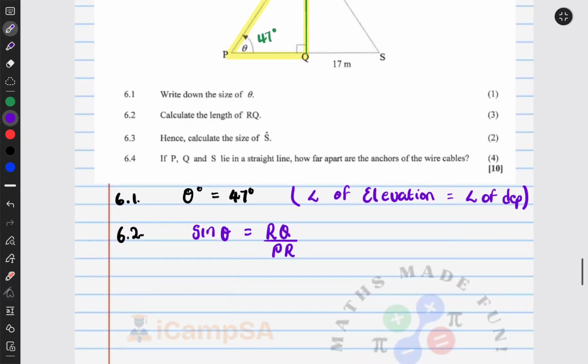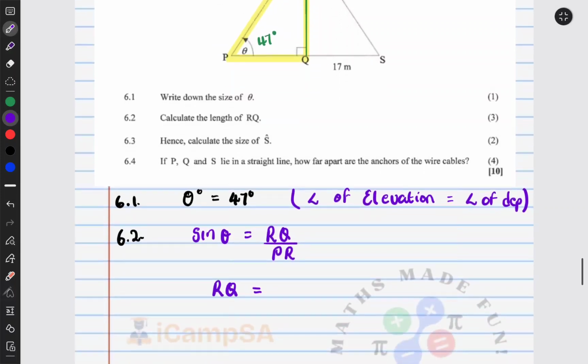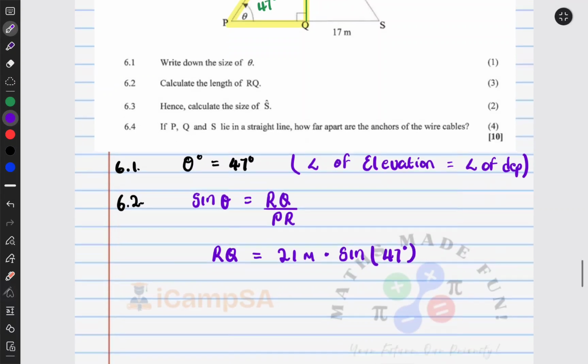Okay, let's make RQ the subject. RQ, what we're looking for, is equal to PR by cross multiplication. What's the value of PR? It is 21 meters, multiplied by sine theta. What is the value of theta? It is 47 degrees.